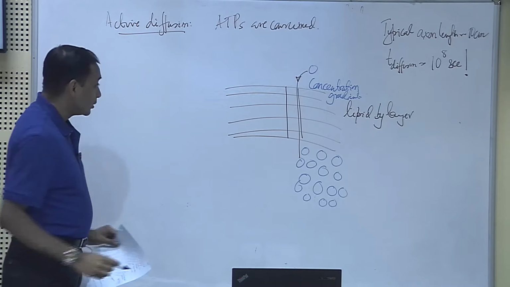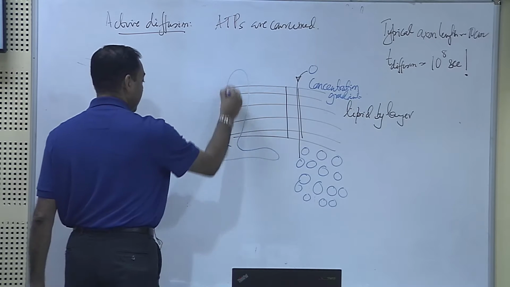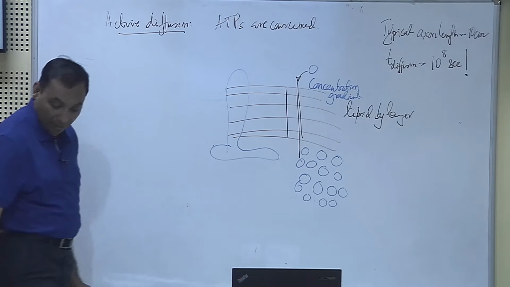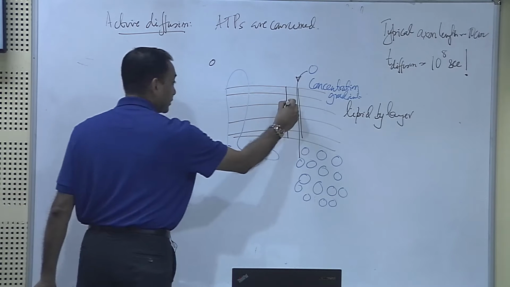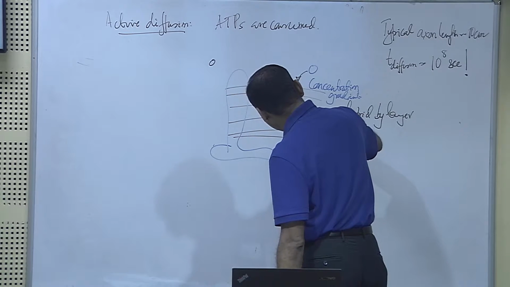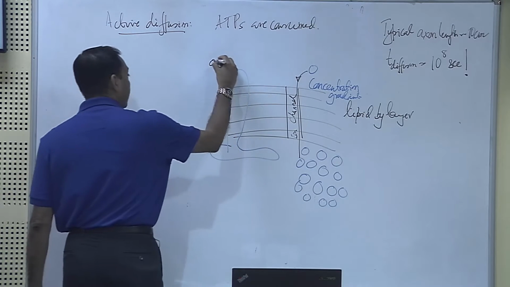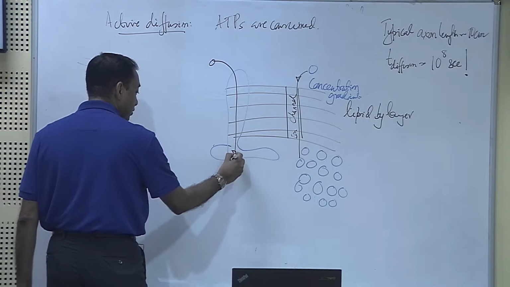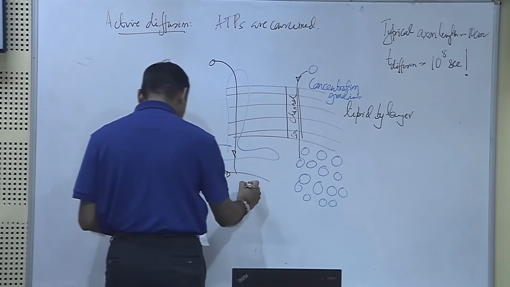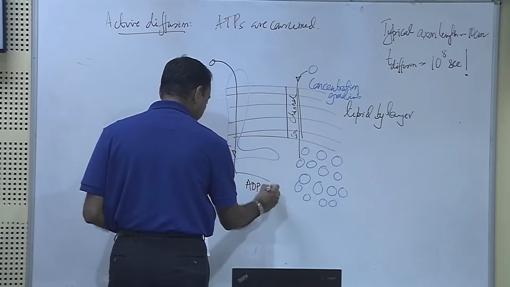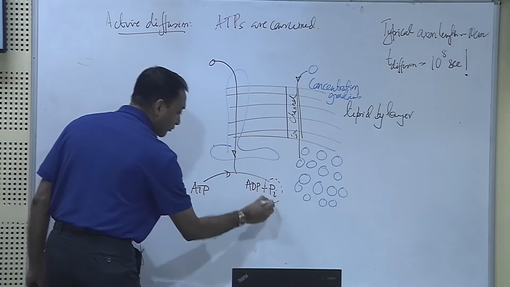You can also, through an ATP motor, move things. So if there is an ATP motor running, you will be able to pump a molecule across the concentration gradient. So this is your ion channel. You can move the molecule across the concentration gradient using an ATP cycle, so ATP getting converted into ADP plus phosphate, Pi is the inorganic phosphate.